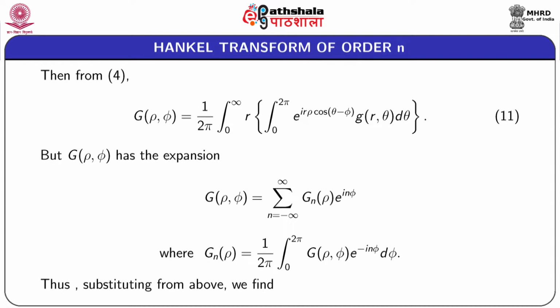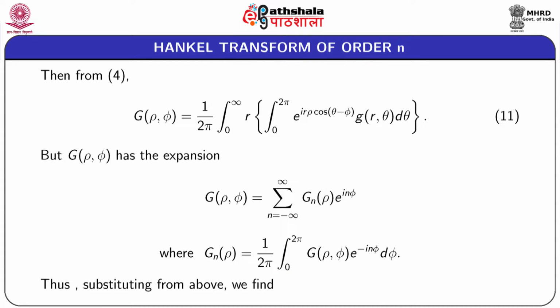But capital G rho phi has the expansion given by summation n equal to minus infinity to plus infinity capital G n rho e to the power I n phi, where the coefficient capital G n rho is equal to 1 by 2 pi integral 0 to 2 pi capital G rho phi e to the power minus I n phi d phi.